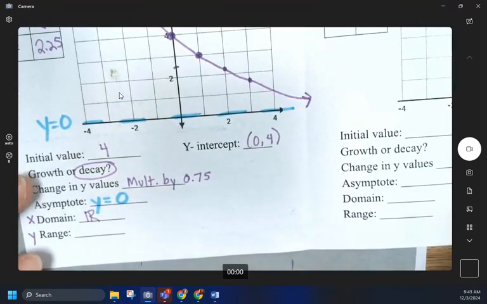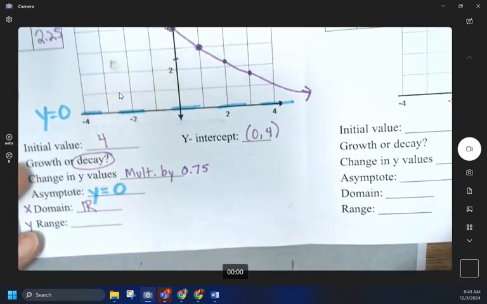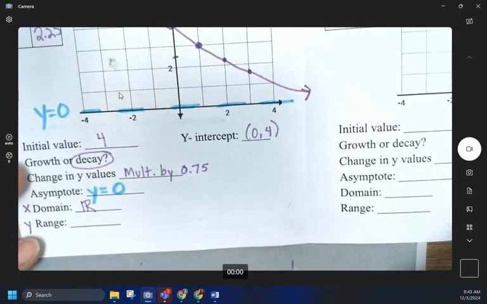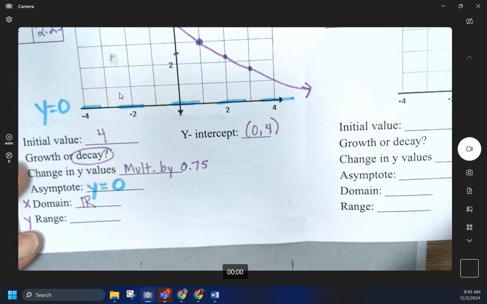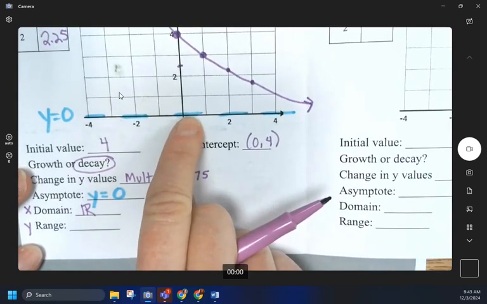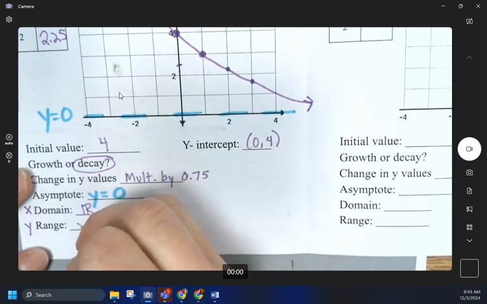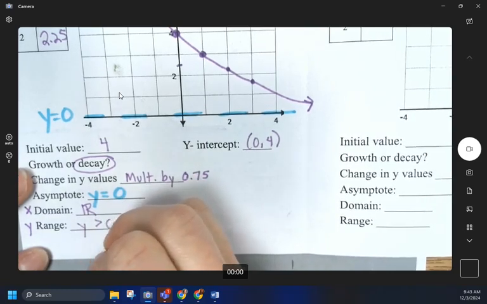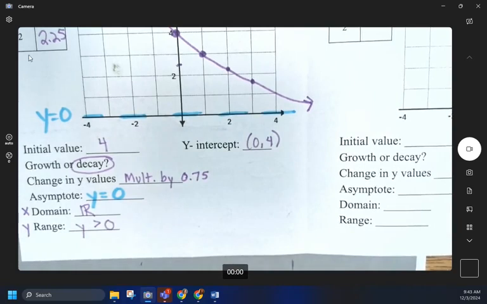As long as you have arrows going left and right to infinity, it's all real numbers. Okay. Then our range, it doesn't cross the fence. It's everything above the fence. So it's Y is greater than 0. So you're going to do the next one on your own, and then I'll give you your assignment.